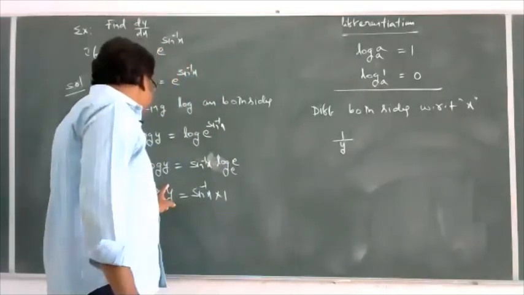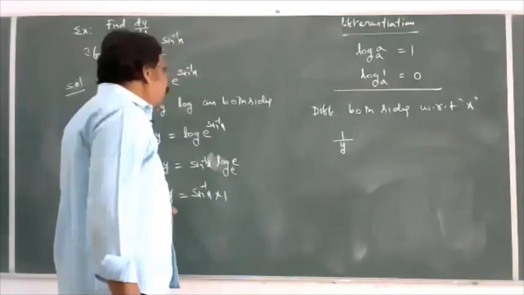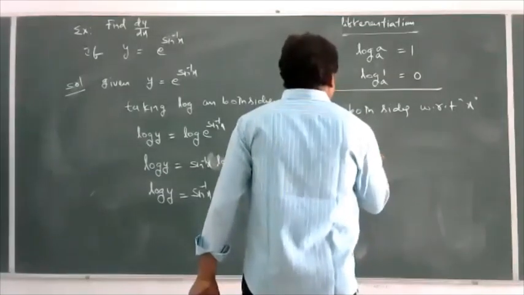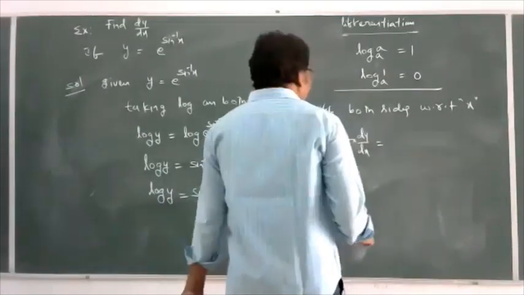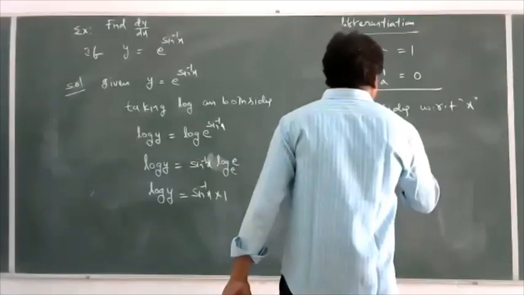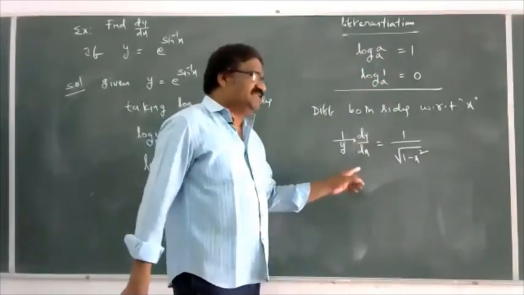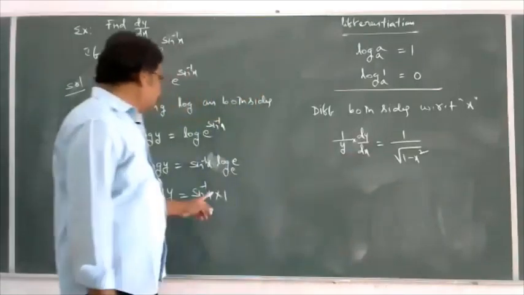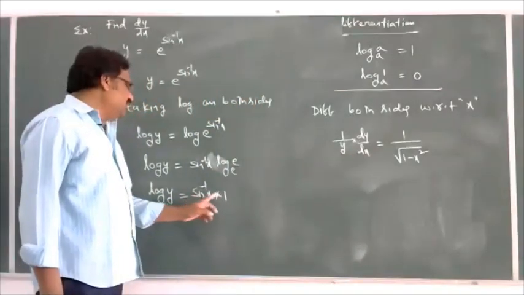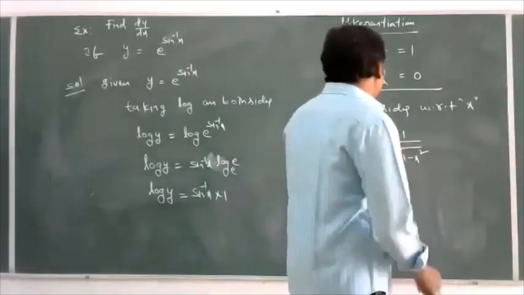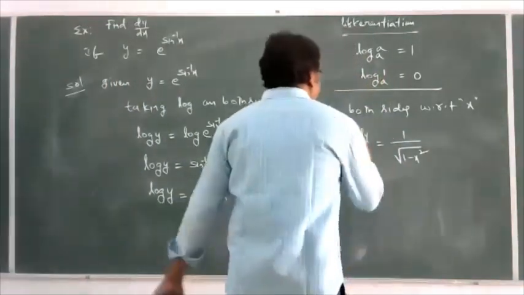Like that, log y derivative is 1 by y into y derivative, by using the chain rule. dy by dx is equal to sin inverse x derivative, 1 by root of 1 minus x square.